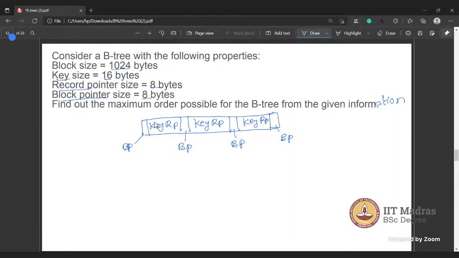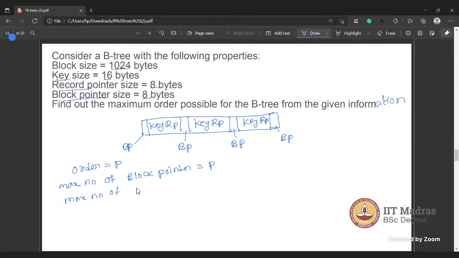Yes, sir. Okay, so suppose order is P. Then what will be the maximum number of block pointers? P. Okay, then the maximum number of keys will be P minus 1.